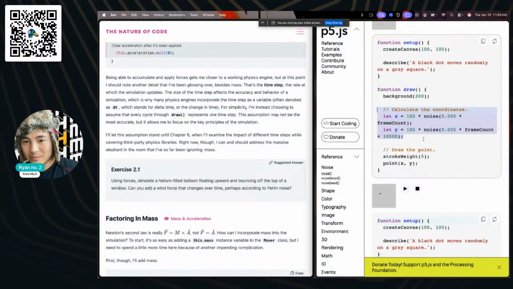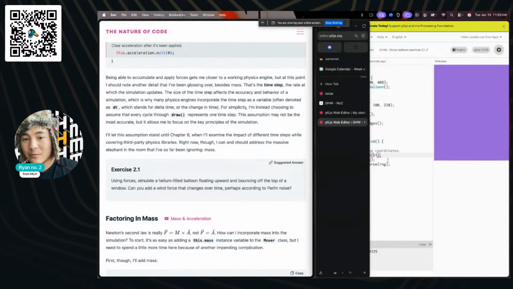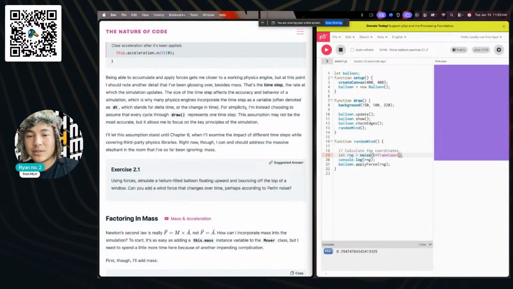And the way that we're going to do that here is by using the variable frame count. Frame count is a special variable, and you know that within P5 because it turns pink, which means it's a reserved keyword.